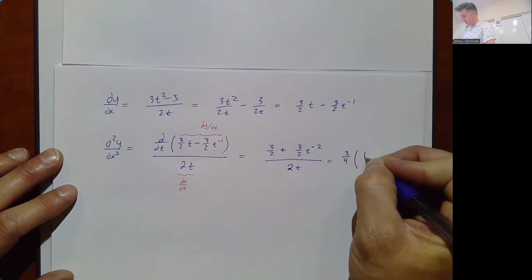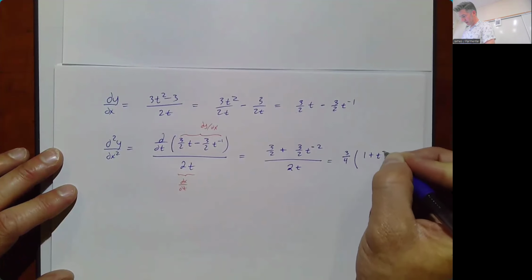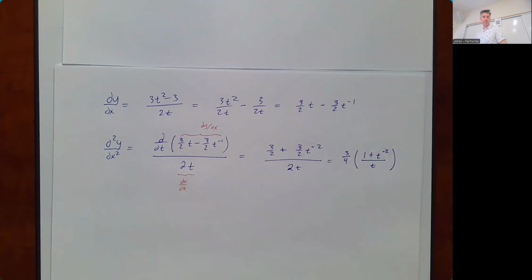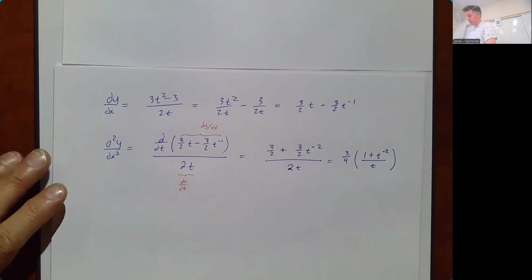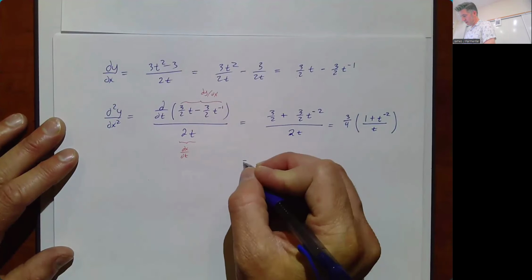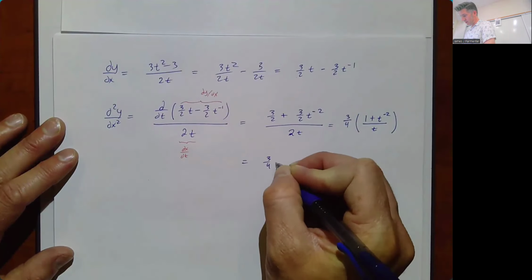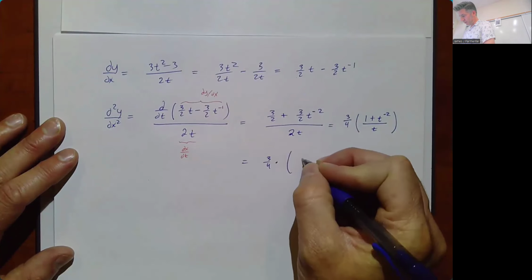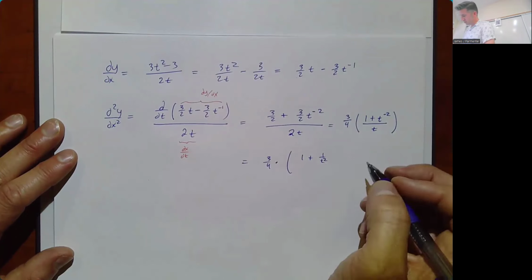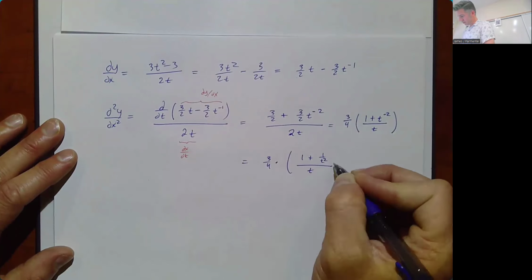Then you have 1 plus t to the negative second, over t. Or probably easier, 3/4 times (1 plus 1 over t squared) over t.